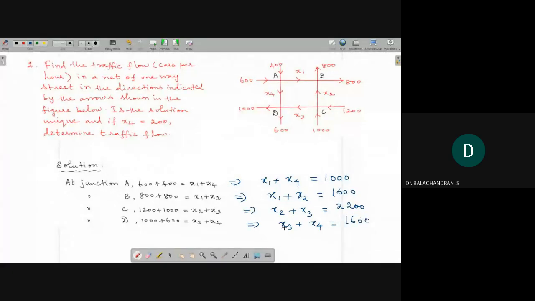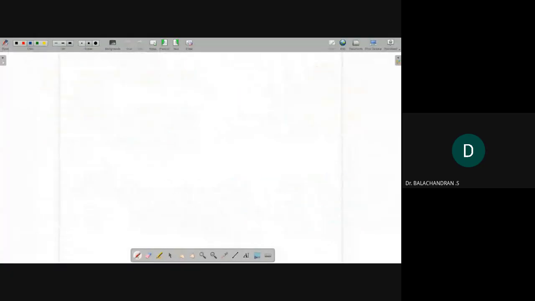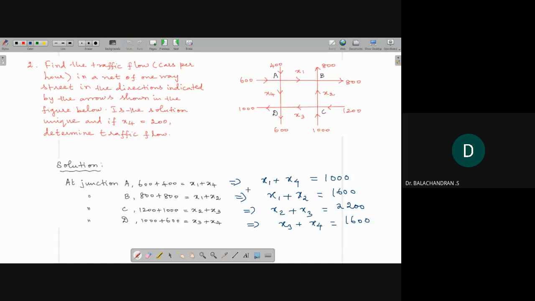Okay. Now you should write this equation in the form of matrices. The augmented matrix A comma B is equal to, what is the first row? 1, 0, 0, 1.